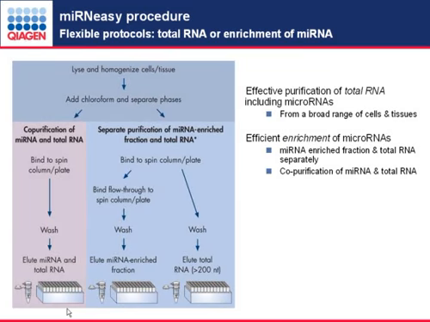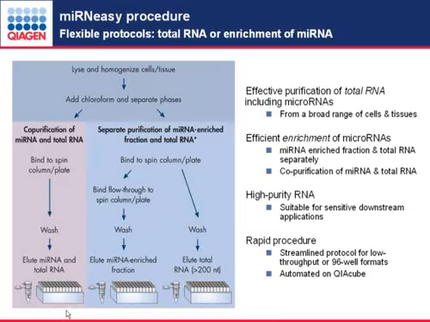And there is a 96-well format that can be automated on larger QIAGEN sample handling robots. And regardless of whether you choose to do a total RNA enrichment or separate fractions of microRNA from the larger RNA, you have high purity RNA that is suitable for sensitive downstream applications.